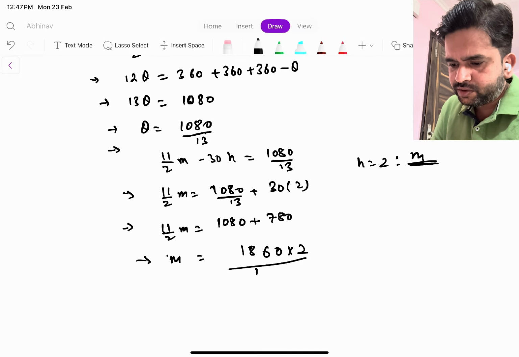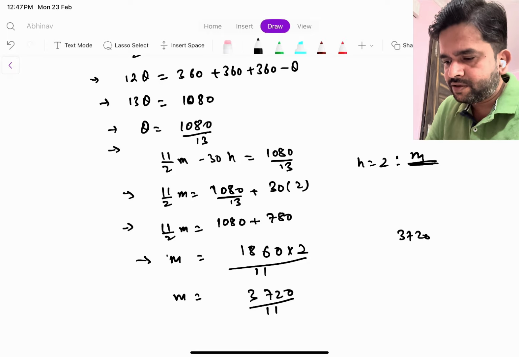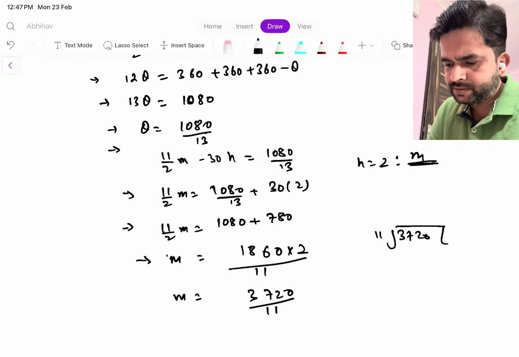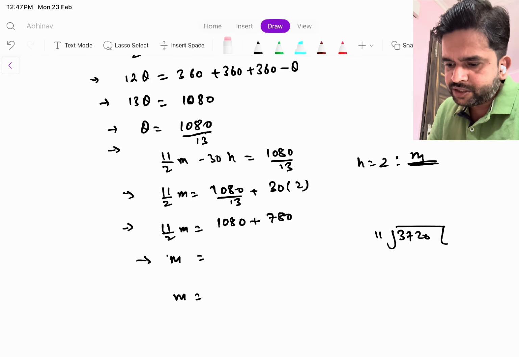So m is equal to 1860 into 2 upon 11, which is 3720 upon 11. Sorry, I made a calculation mistake.